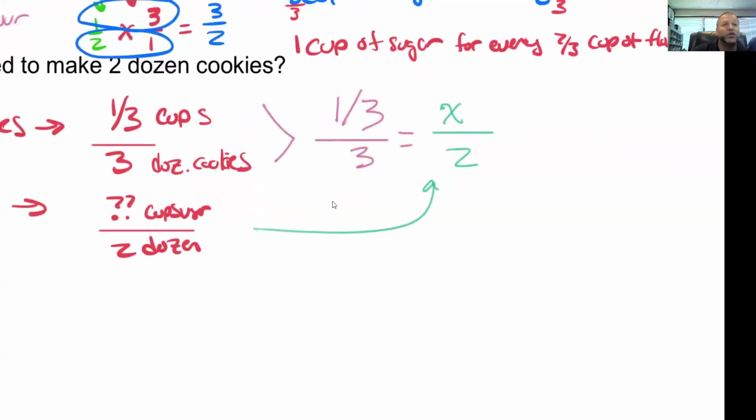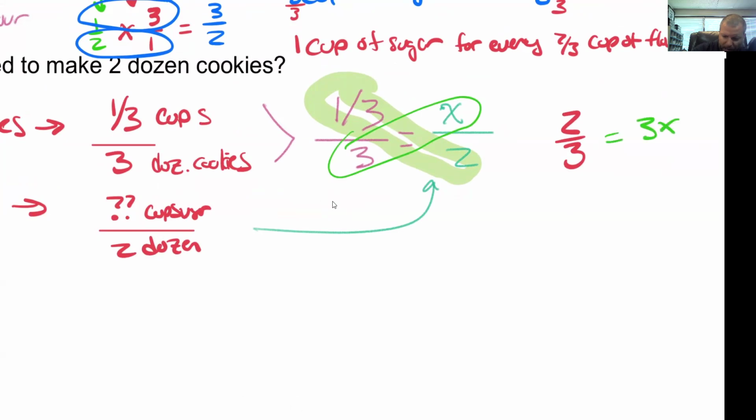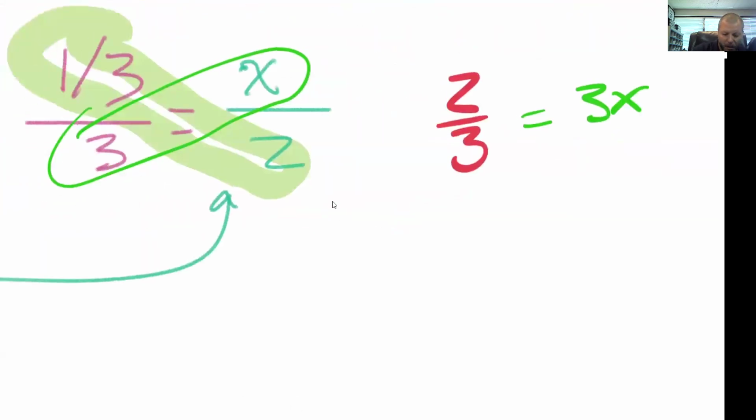So now we can do a couple of things. We could cross multiply, we could solve in some fancy ways, but probably in school you would just cross multiply. So 1/3 times 2 is going to be 2/3. If we do 3 times x, we're going to get 3x. We want to solve for x, so we would divide this side by 3.